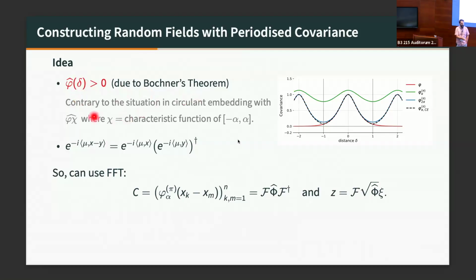Contrary to the circulant embedding case, the way you can think of it pictorially is we change the function even inside the domain we're interested in. So this is the blue one here, whereas the circulant embedding basically just takes the Fourier transform of phi times the characteristic function cut off at -1, 1.